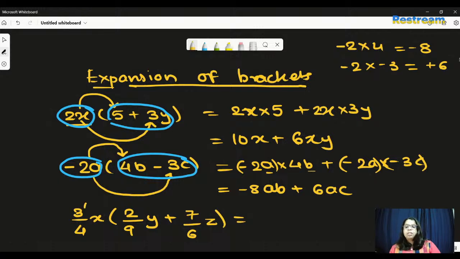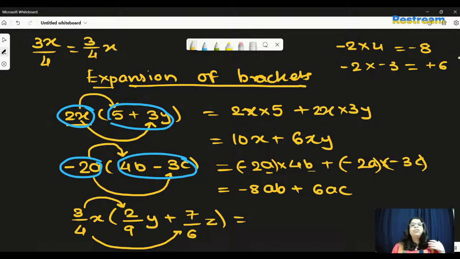Similarly, we are going to take this 3 by 4x and multiply over here, and take 3 by 4x and multiply over here. Now you have to remember that 3x over 4 and 3 by 4x are both equal. They are just two different ways of writing the same thing. Whenever you have multiplication like this, the term is always multiplied with the numerator.